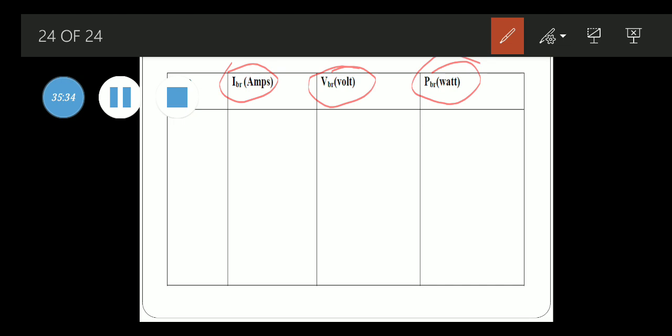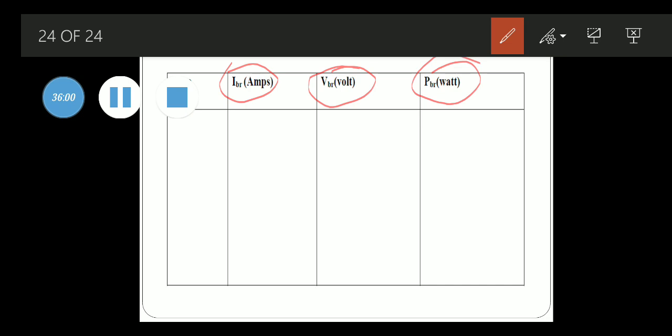This is predefined. How is it predefined? Because IBR is whatever we vary the variac to, that is, we give the rated current. That rated current is predefined because it is already given on the nameplate of the motor. With reference to that value, we give the supply.